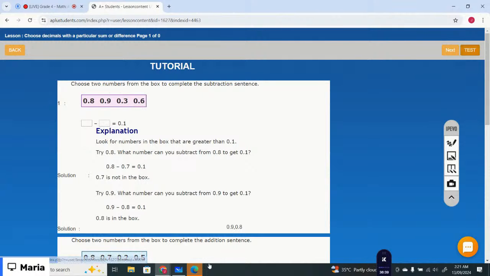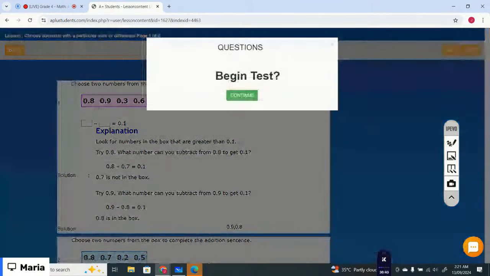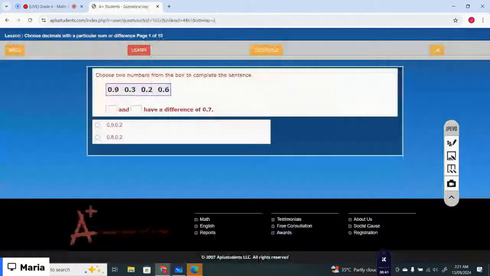Let's just start with the test questions. Okay, choose two numbers from the box to complete the sentence. Dash and dash have a difference of 0.7.